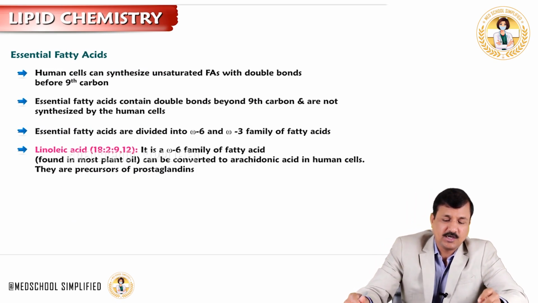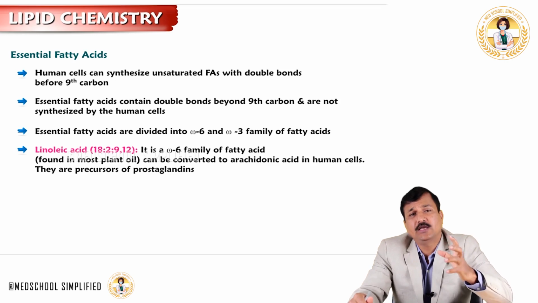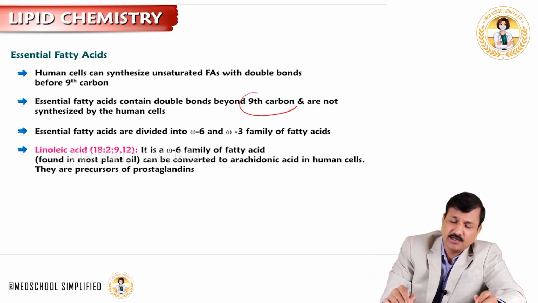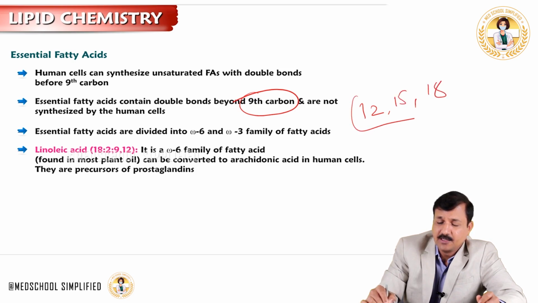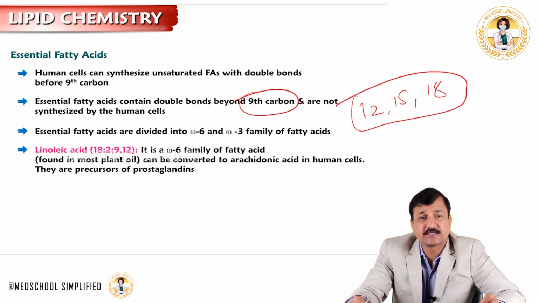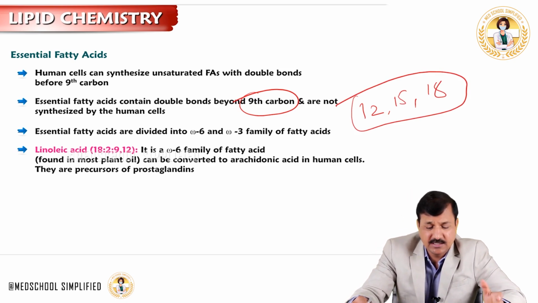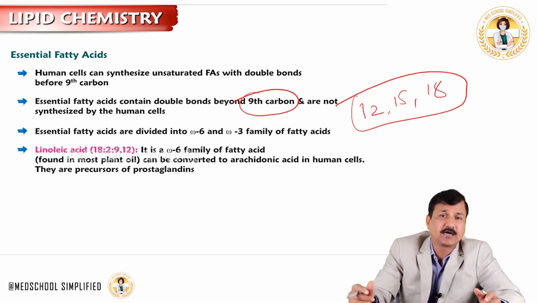Now, coming to a concept called essential fatty acids. These are polyunsaturated fatty acids that contain double bonds beyond the 9th carbon atom. That means if a fatty acid has a double bond at the 12th, 15th, or 18th carbon atom, it is referred to as an essential fatty acid, because human cells don't have the capability to introduce a double bond beyond the 9th carbon atom.